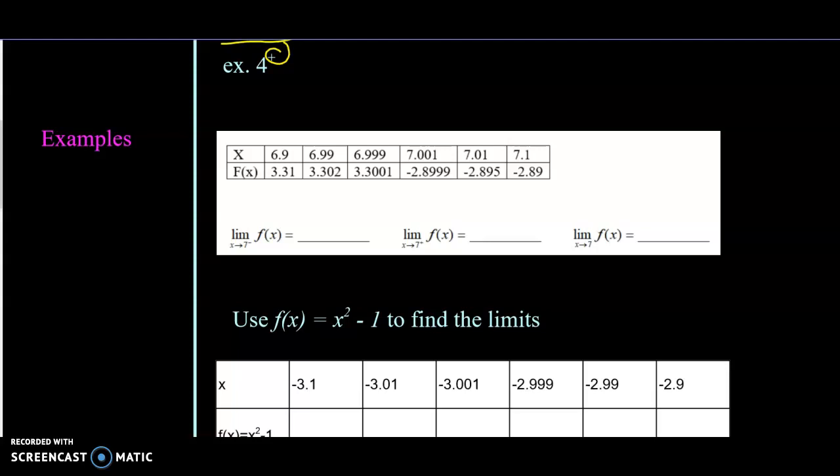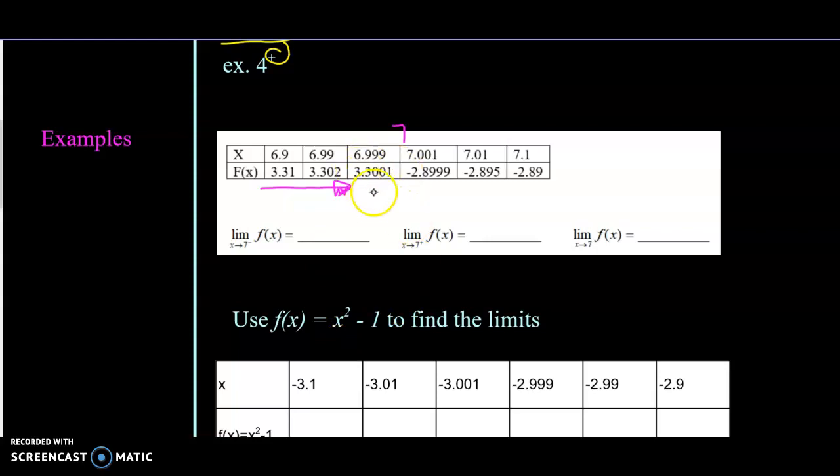Well, 7 would be exactly right here, in between 6.999 and 7.001. So if I'm approaching from the left side, where is my left side? My left side is over here. So I'm approaching 7 from the left side.